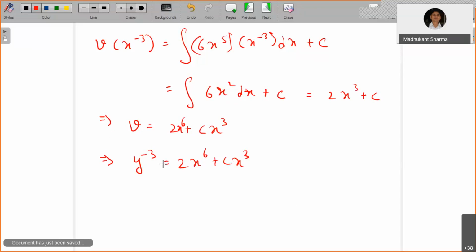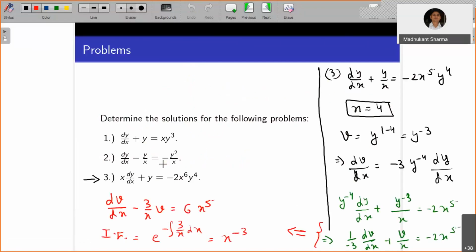If I want to comment on the other problems, you can look at this case: this is going to be n equals 2 and this is n equals 3. You can try to transform them into first order linear differential equations and find the final solution for the original equation.